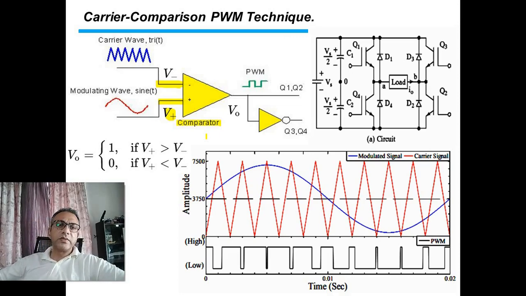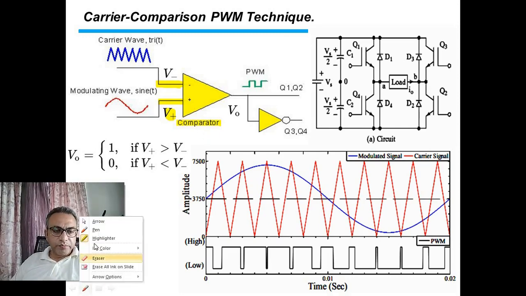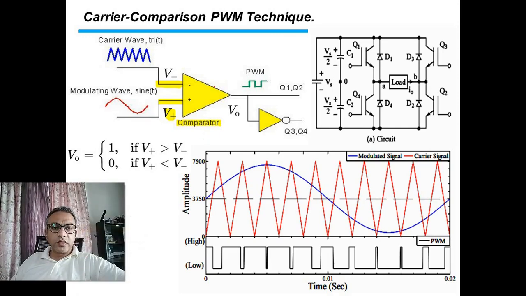However, it is very important to note that in this case, since the comparator is biased with some plus VCC and ground, therefore both input voltages will be positive. This is important to know, right?